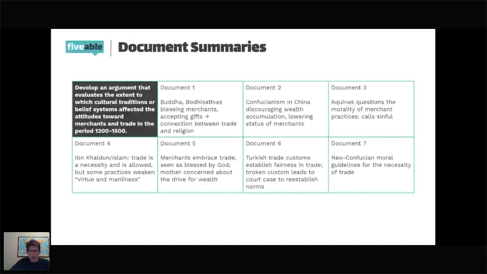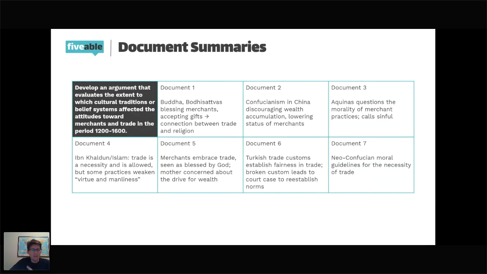Ibn Khaldun mentions that the nature of trade often is one that is deceitful, it's evasive. And he says those qualities can lead to a decrease and weakening in virtue and manliness. So this idea that if one is not very conscious of his trading practices, and trading in line with what the religion prescribes, then yes, immorality could result.